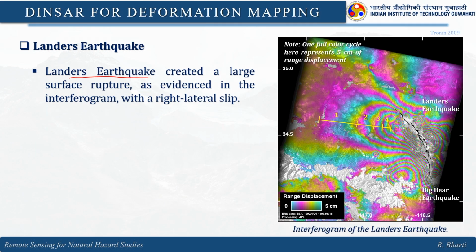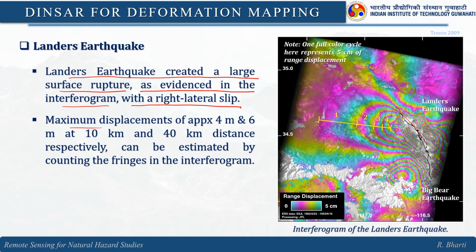The Landers earthquake created a large surface rupture, as evidenced in the interferogram with a right lateral sweep, right. So, here you can see maximum displacement of approximately 4 meter and 6 meter at 10 kilometer and 40 kilometer distance respectively can be estimated by counting the fringes in the interferogram.